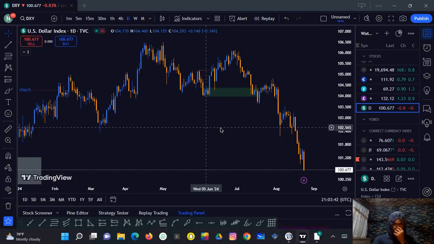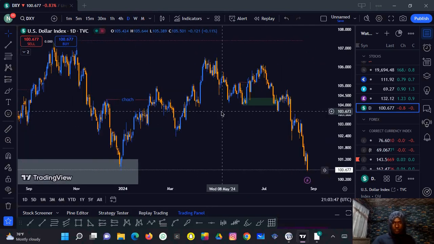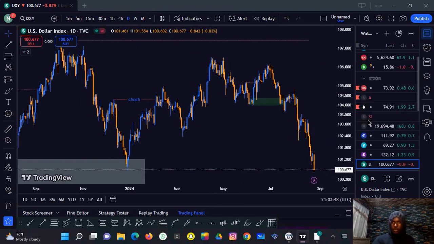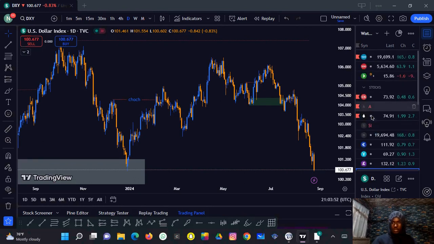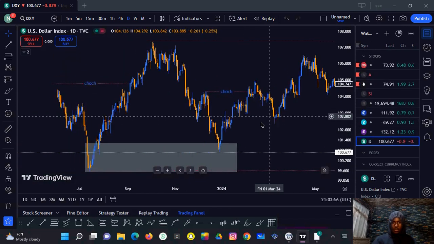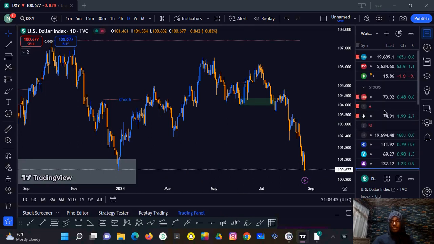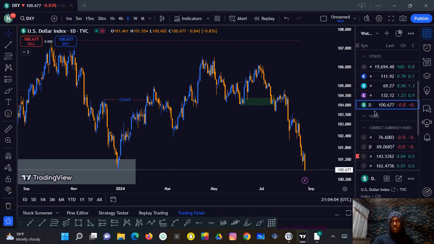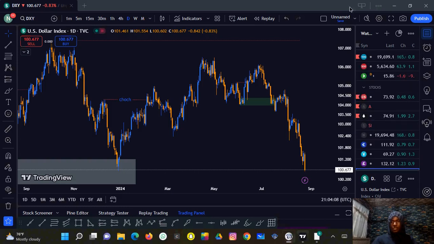Let's take more sells. So let's move on to the last 100 for our analysis. On the dollar index, we are expecting a sell. Most investors are anticipating a drop in interest rates.